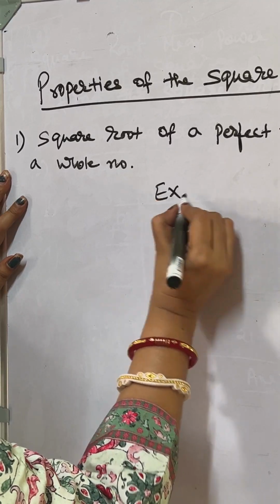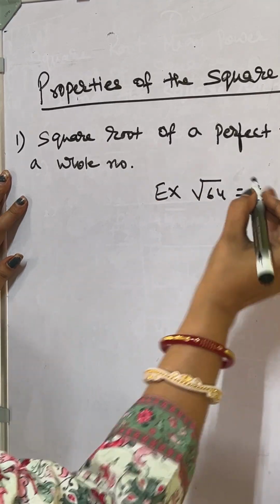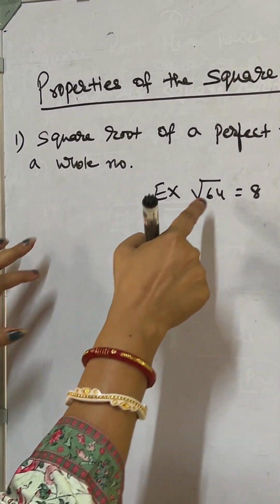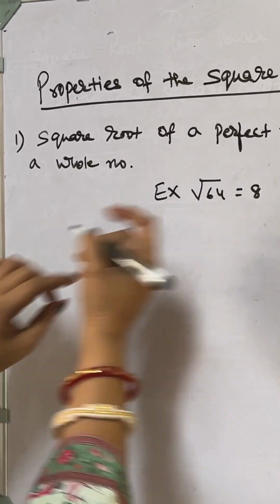Example, the square root of 64 is 8, a whole number. 64 is a perfect square and the square root of it is a whole number.